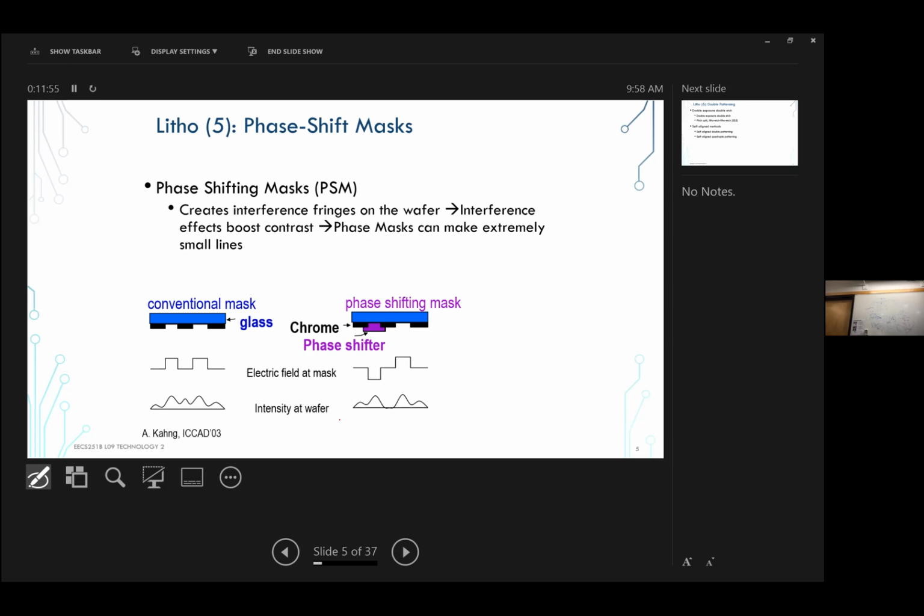What does this mean? So these are two, say, polysilicon gates. So what happens?